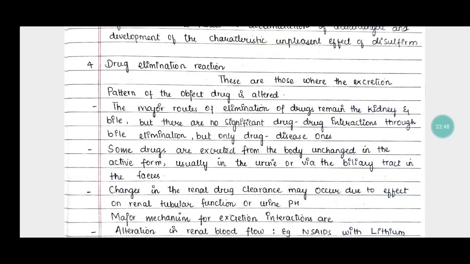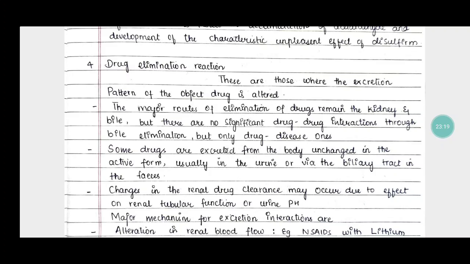Fourth, that is drug elimination interaction, where the excretion pattern of the object drug is altered, and some drugs are excreted from the body unchanged in the active form, usually in the urine or through the biliary tract in the feces. Changes in renal drug clearance may occur due to the effect on renal tubular function or urine pH.